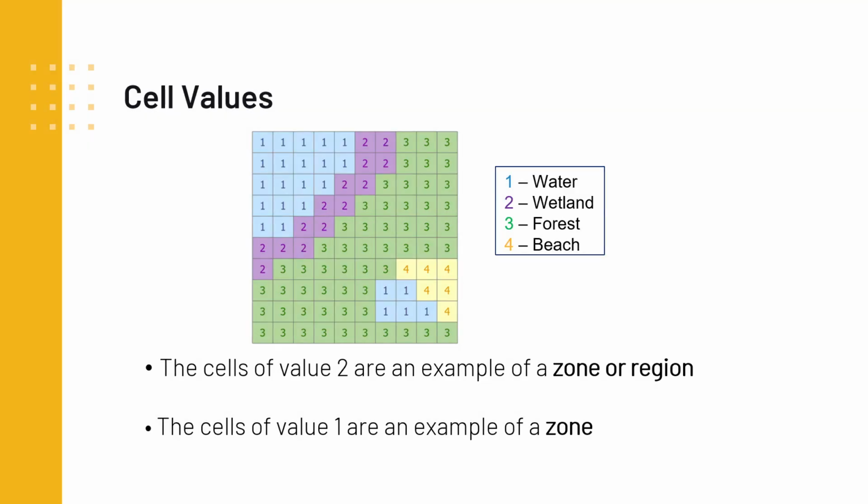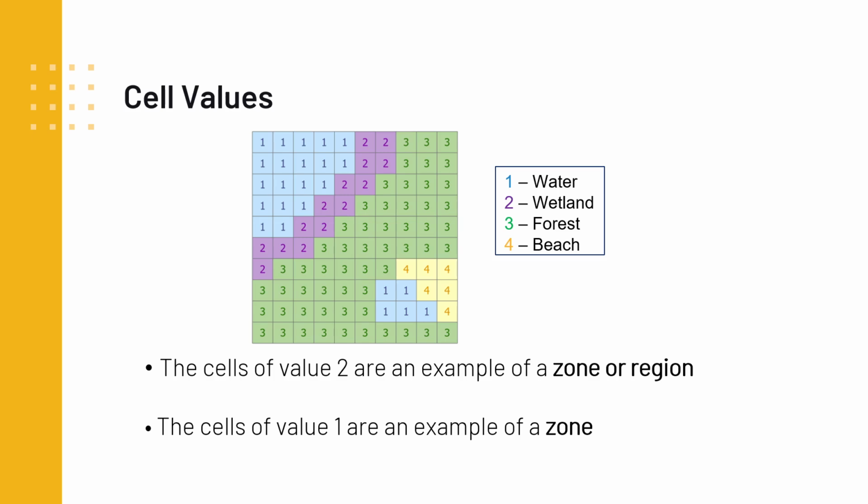So here's an example of a raster that could help define various areas within your map. In this particular example, you have values 1 through 4, 1 representing water, 2 representing wetland, 3 forest, and 4 beach. The cells that show value 2 would be an example of either a zone or a region.